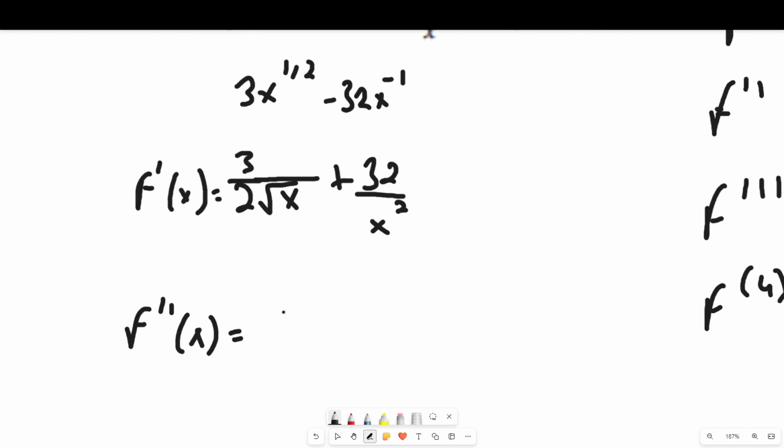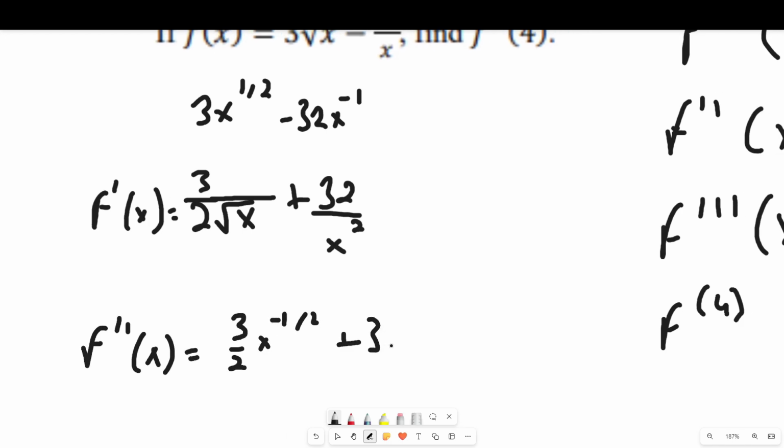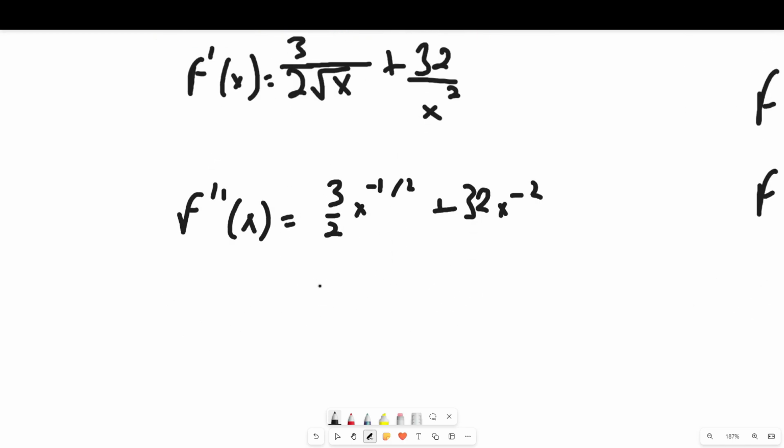So this is just 3 over 2 x to the -1/2 plus 32x to the -2. Do power rule again.